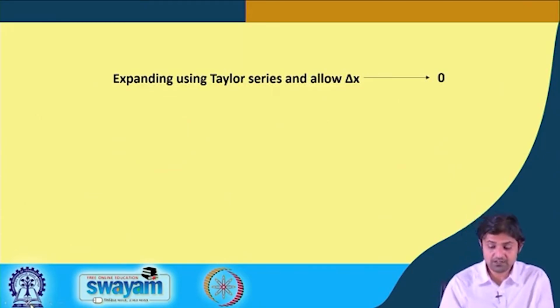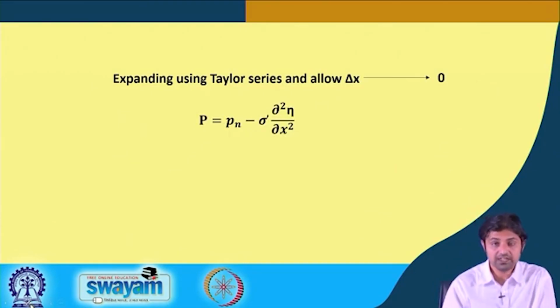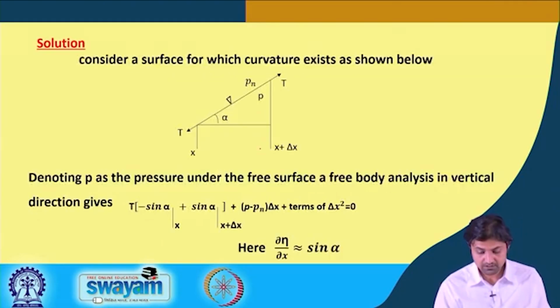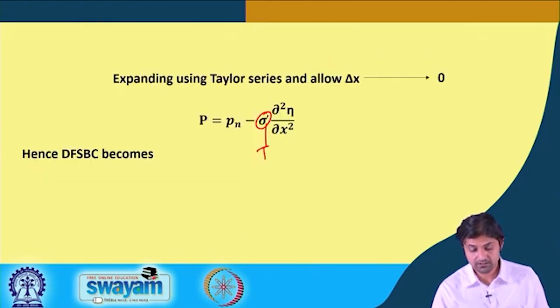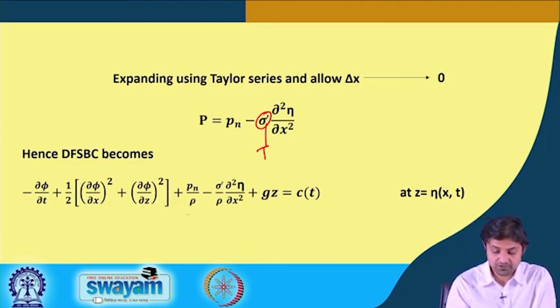If we expand it using the Taylor series and allow delta x going to 0, we will get P is equal to Pn minus sigma dash, which is nothing but T del square eta by del x square. If you put del eta by del x for sine alpha, this is what we are going to get. So, therefore, the dynamic free surface boundary condition becomes, what we have done is we have just prescribed Pn.